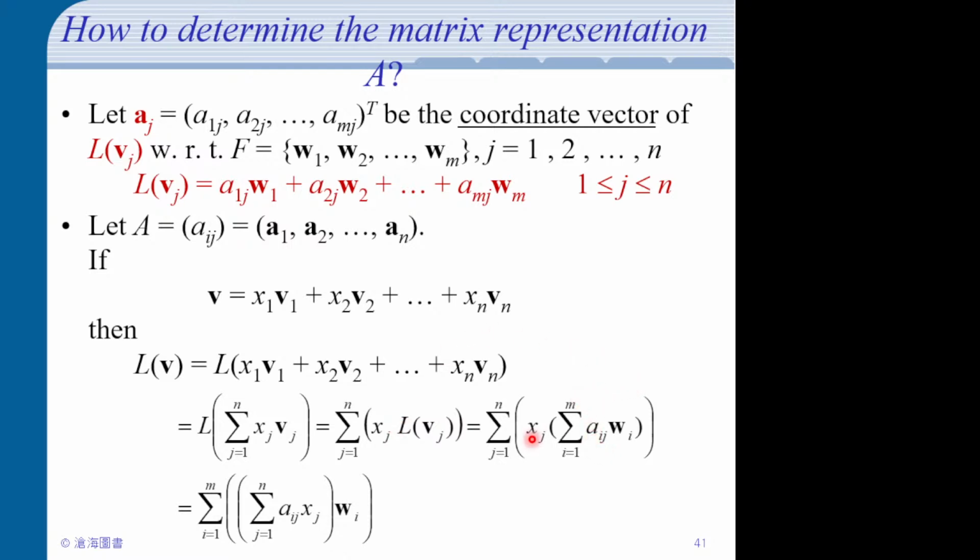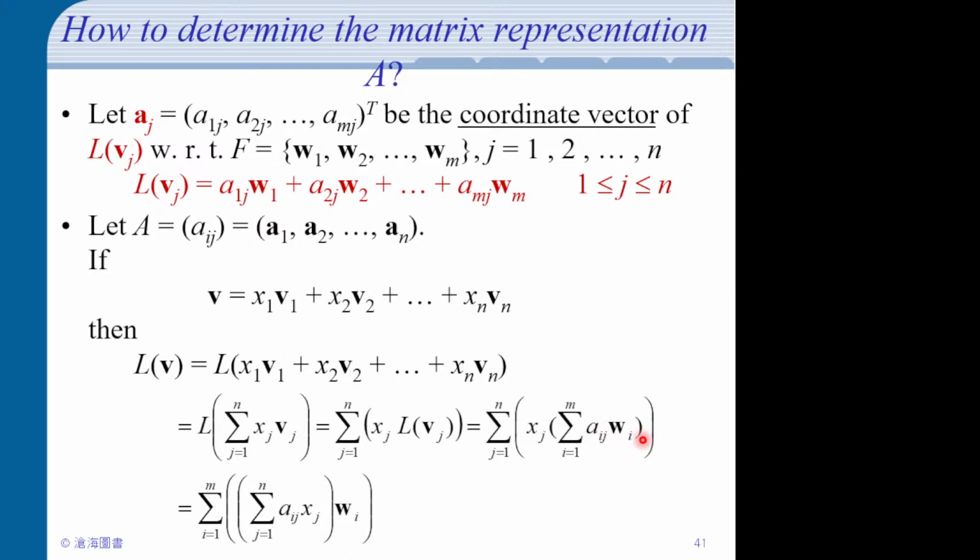Then we break things down again. L of Vj, we can write as a linear combination of W, and we know the coefficients because we found that they are those Aij. So L of Vj, as we wrote here, is this thing, and written as a summation we need to be a little careful.